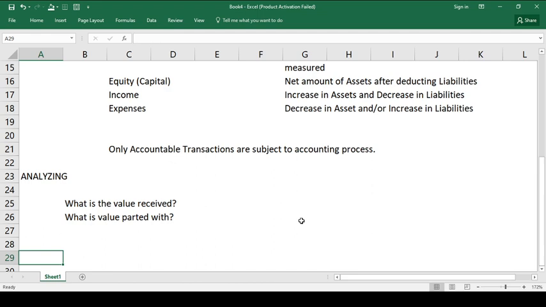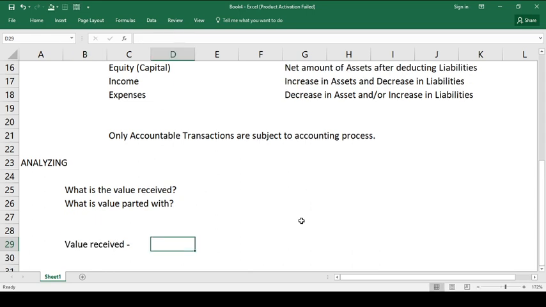Ano po ba, sir, yung value received? Ibig sabihin ng value received, these are the things that we personally receive from the transaction. Usually, these are considered the debits. Trivia lang, debits is from a foreign word.